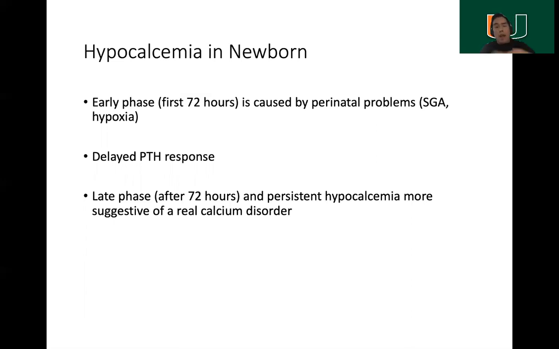So you actually have a very delayed PTH response to calcium. It's a very common problem in preterm infants or infants with perinatal stress. The late phase, or the one that persists, is more suggestive of a real calcium disorder.